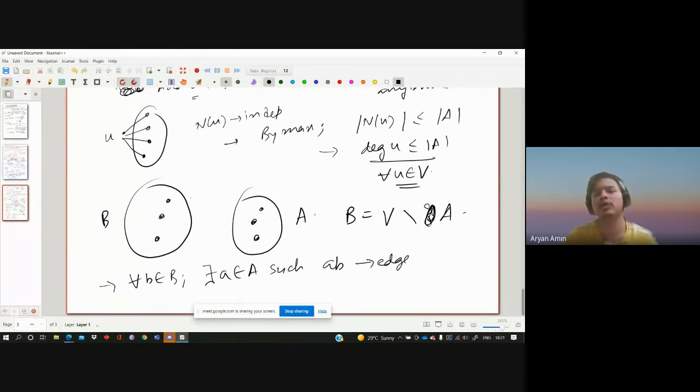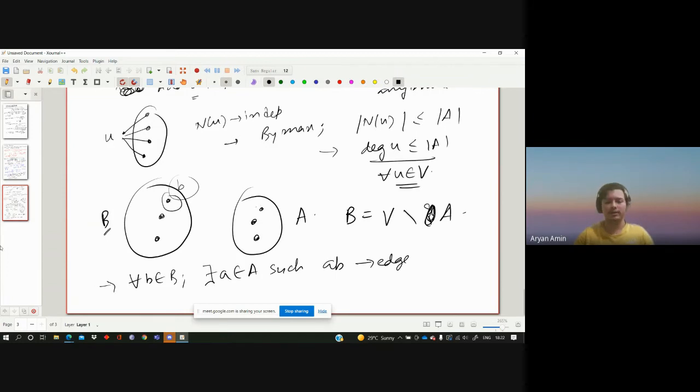Why is this true? If there were some vertex small b in B not adjacent to any vertex in A, then you could add b to A and still have an independent set. That would contradict maximality of A. So every b in B has some neighbor in A.